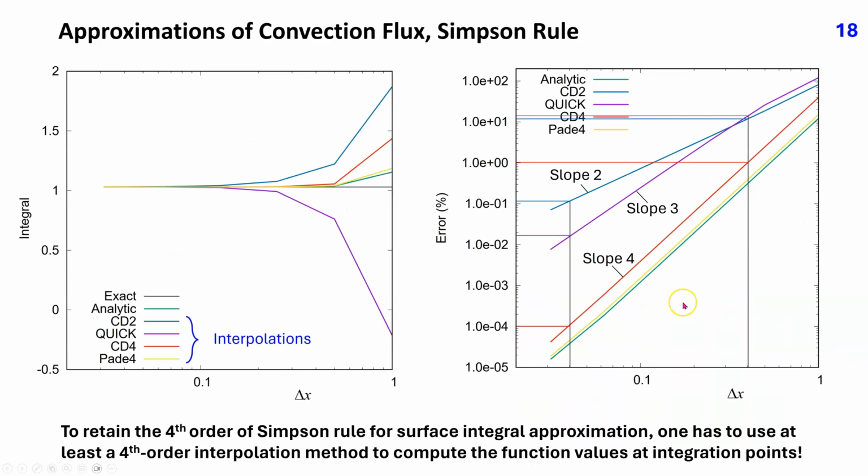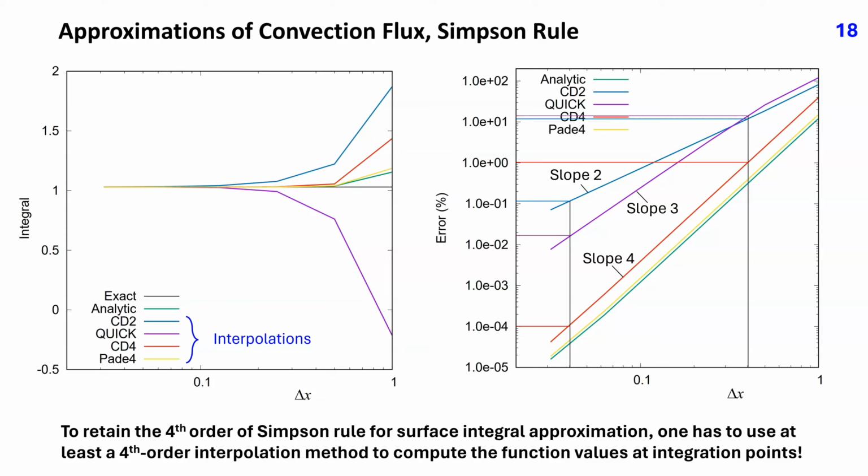This slide on the left shows the variation of the computed convection flux through the total integration area with grid refinement, and on the right the error in the numerically computed integral. Simpson rule is used to approximate the integral, and 5 different ways of computing the variable value at the integration points, face center and face corners, are used.